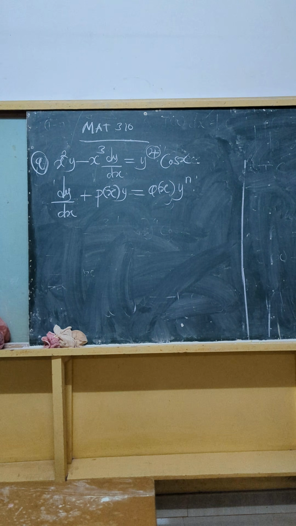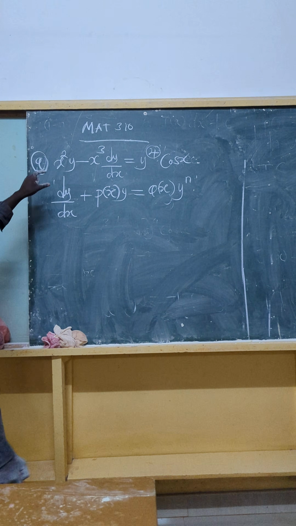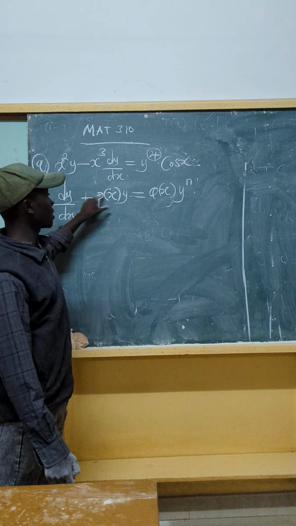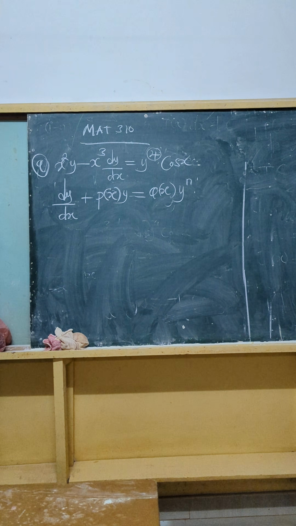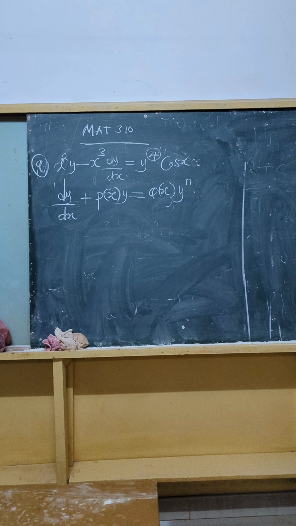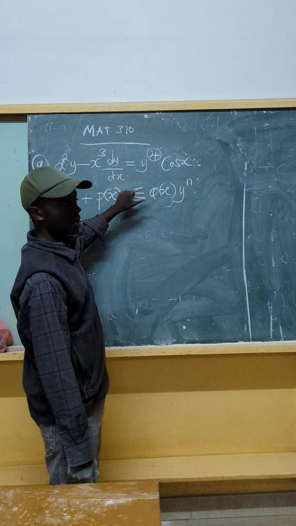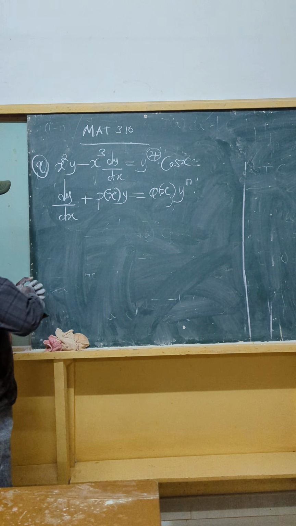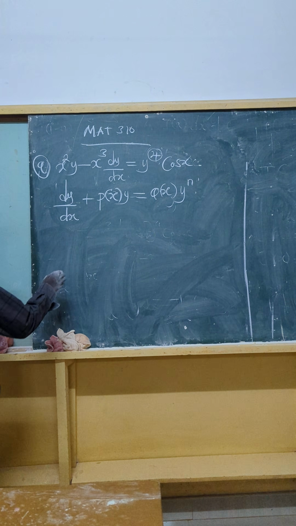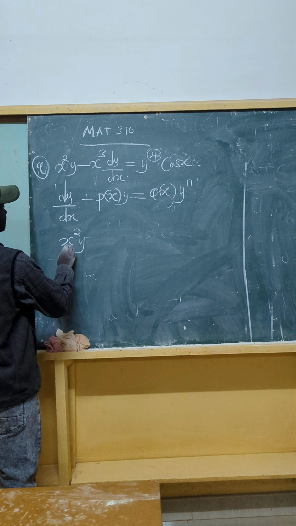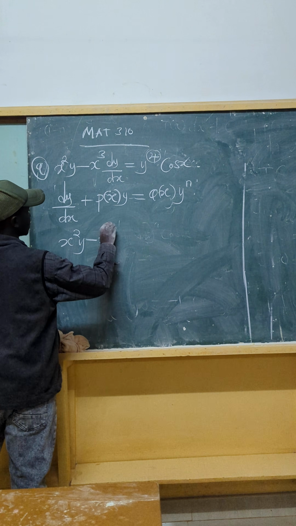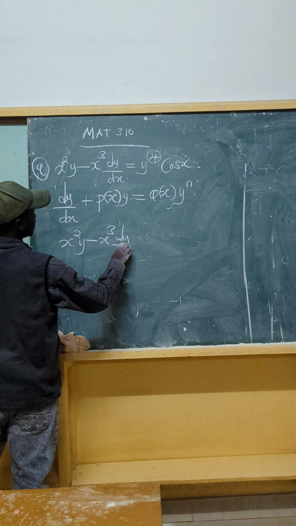Once you do that, you need to check if the equation they have given you is in this form. Then that's when you can proceed. As you can see, the equation we have is not in this form, so we need to make it the way it's supposed to be so that we continue with our solution.